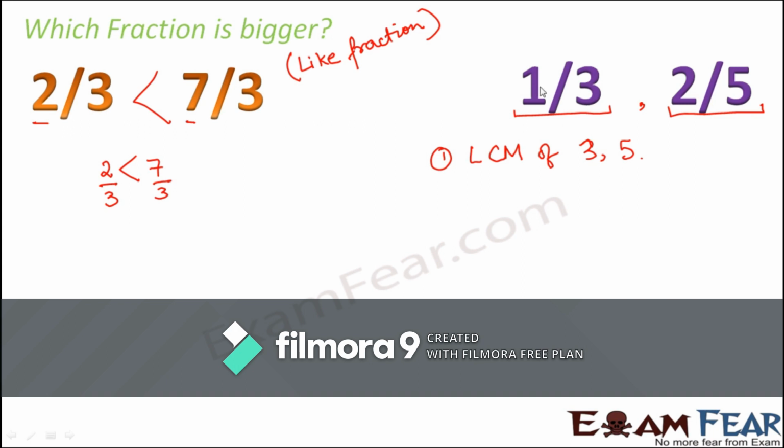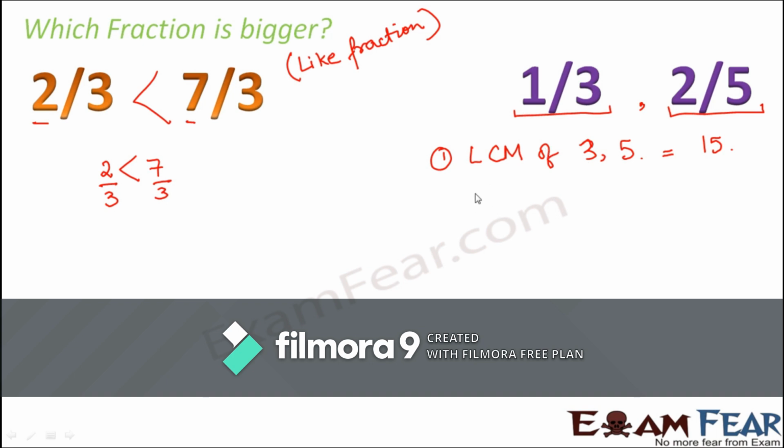Now, least common multiple means a number which is going to be a common multiple of both 3 as well as 5. Now, for 3 and 5, the least common multiple is 15. Right? Because 3 into 5 is 15 and 5 into 3 is also 15. So, it is a common multiple of 3 and 5.